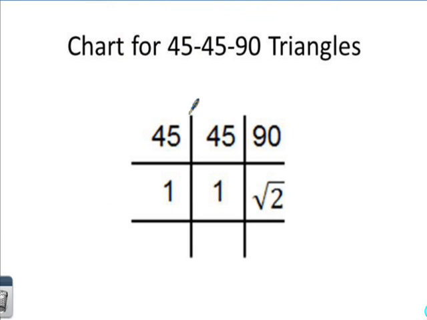Some folks want a chart to organize their thoughts, so here's a chart that works. It sets up 3 equivalent fractions. This part of the chart is always the same. These are the angles, and these represent the ratios of the legs across from those angles. So we're saying 1 over something equals 1 over something equals square root of 2 over something.